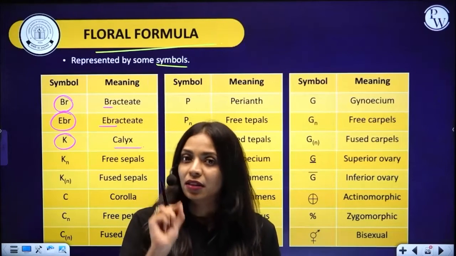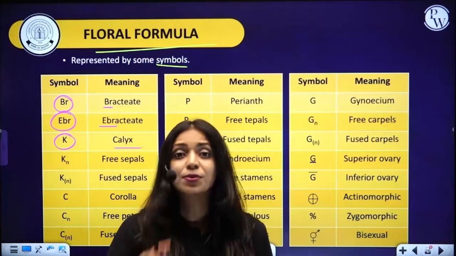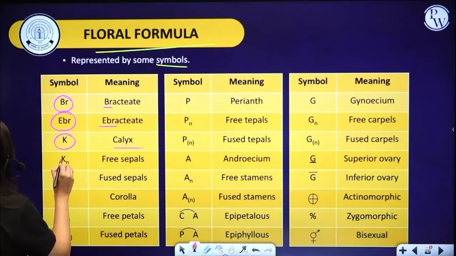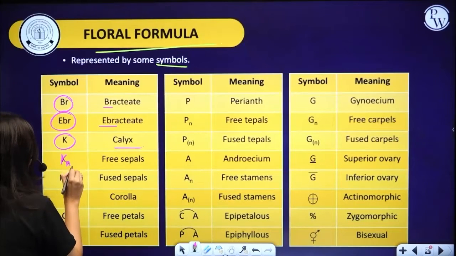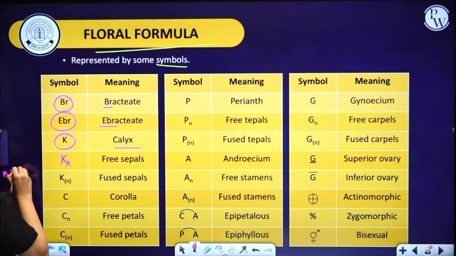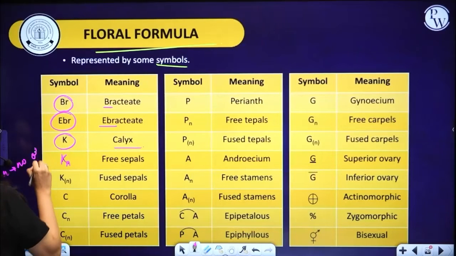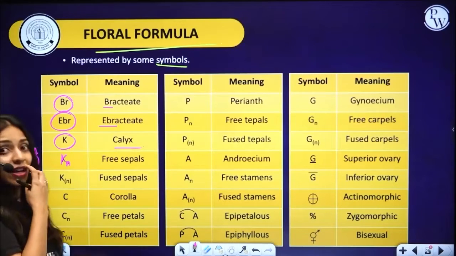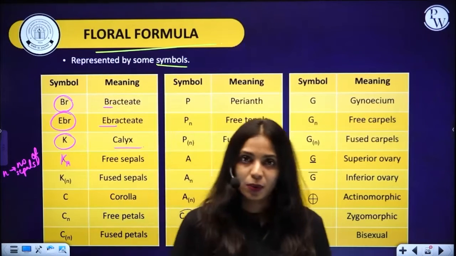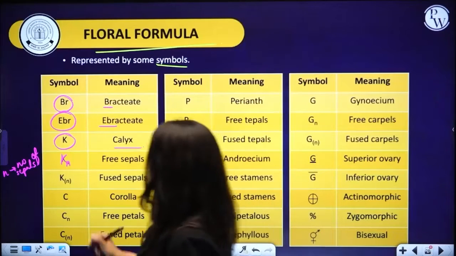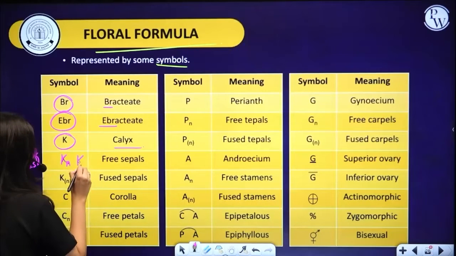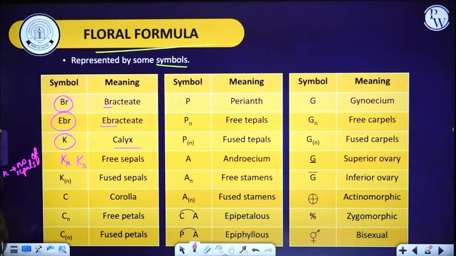You will write the number of sepals as a subscript to K. So, K, N. Over here, N represents the number of sepals. If, for example, there is a flower that has 5 sepals, you will write K subscript 5.